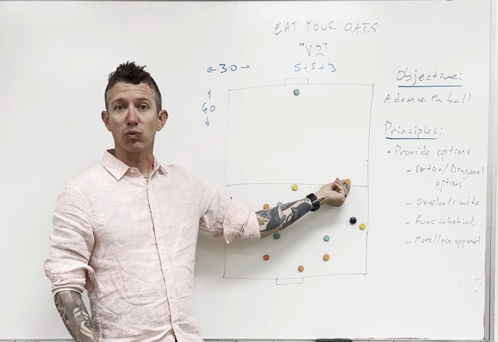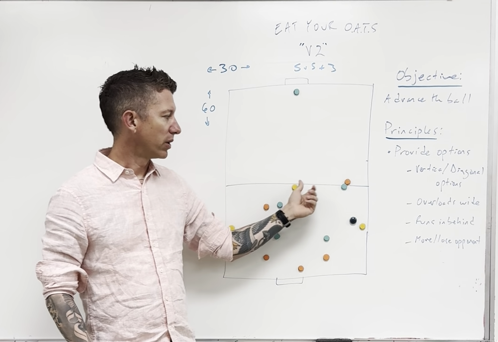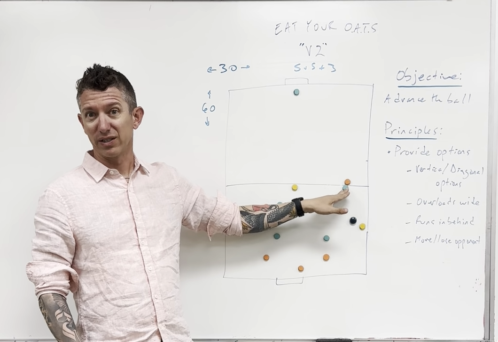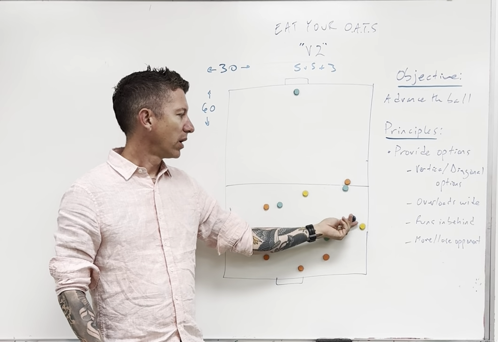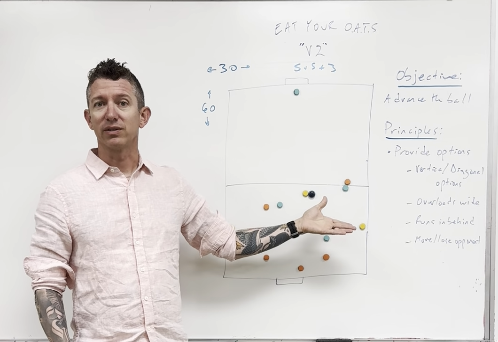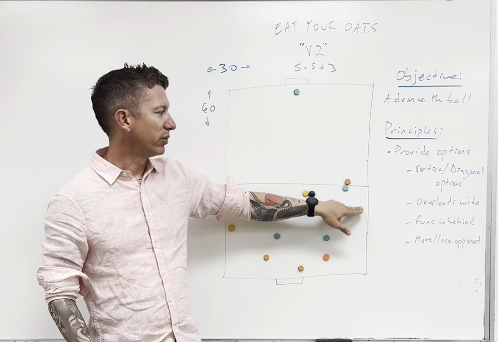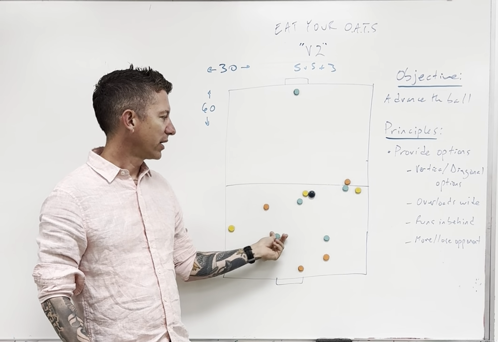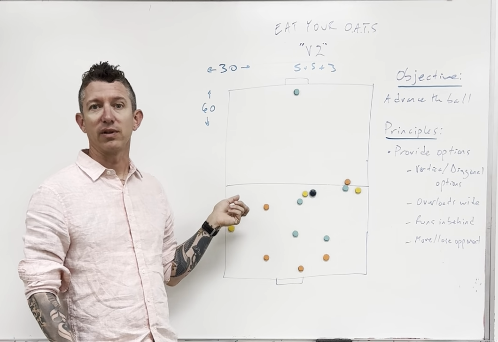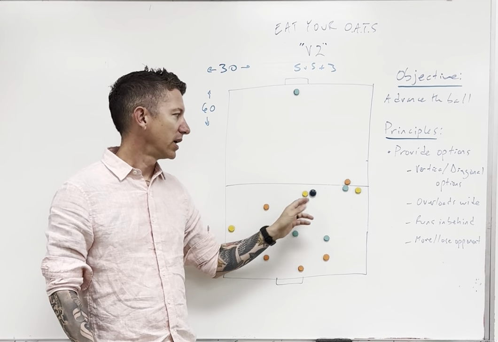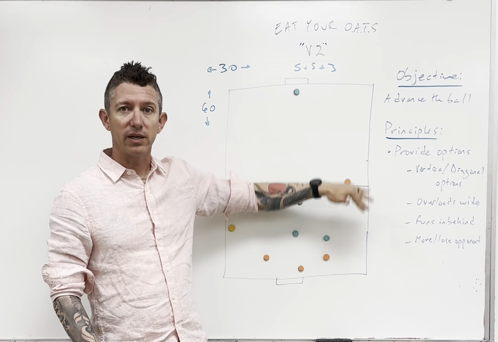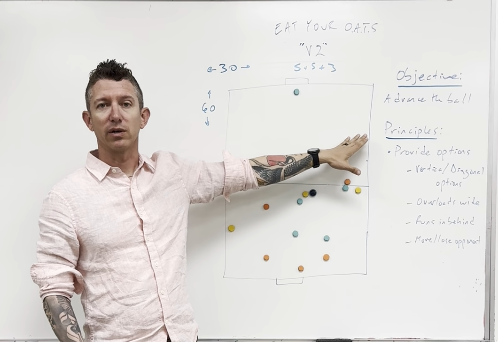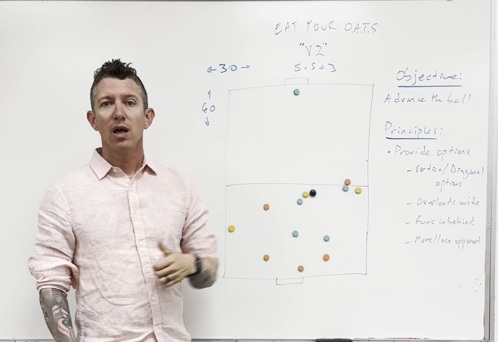If this player makes this run in behind, move, lose your opponent, the obvious situation might not be there. Now what options do we have? We have this bounce diagonal from which we can play that give and go. Or if the entire group has committed across, we can ask for that switch of play: where's the space, opposite side? Or we can just have a little dink in behind to allow those runs, or whichever runner is still onside, to receive the ball and move forward.